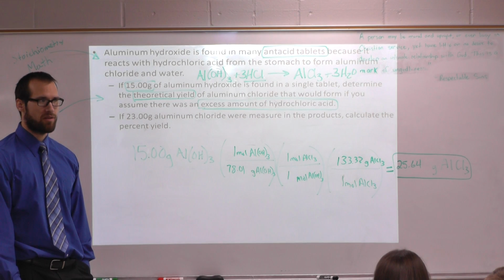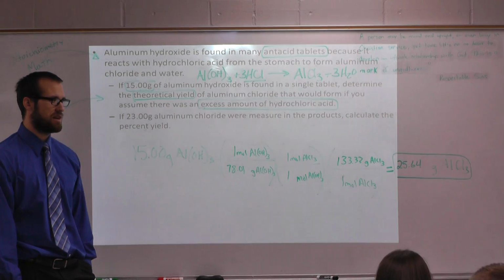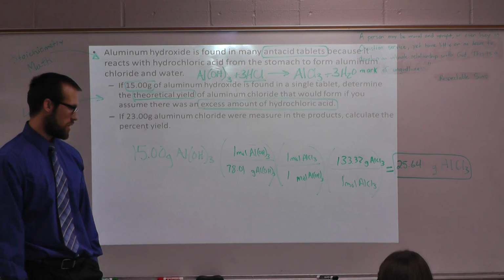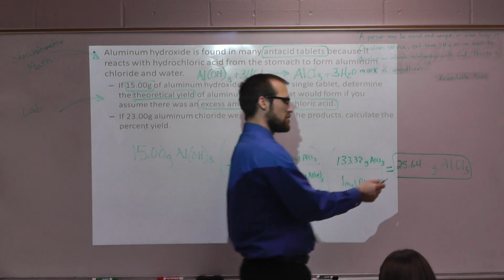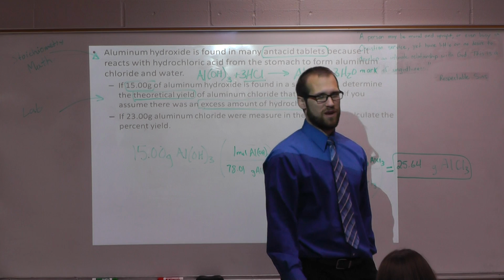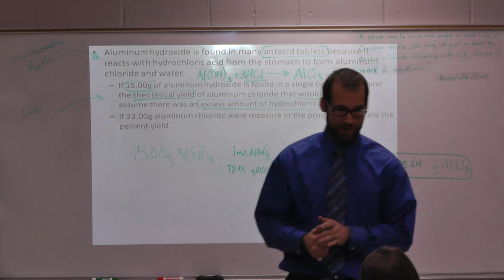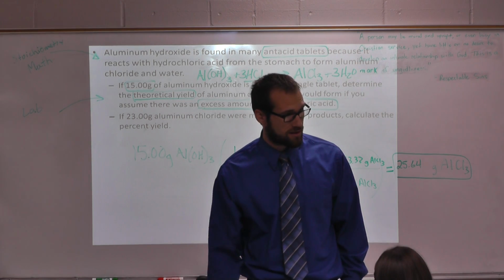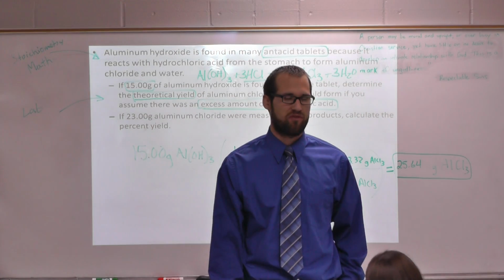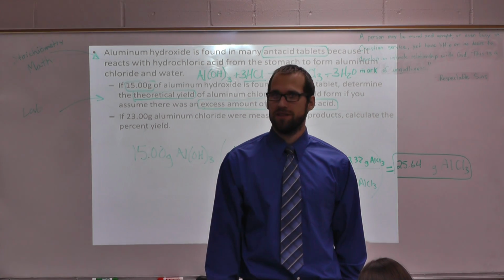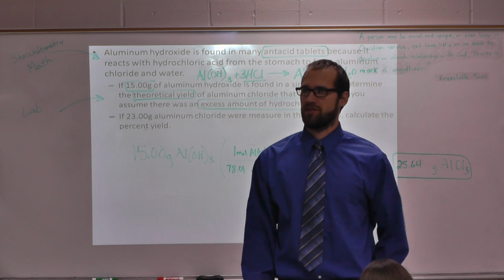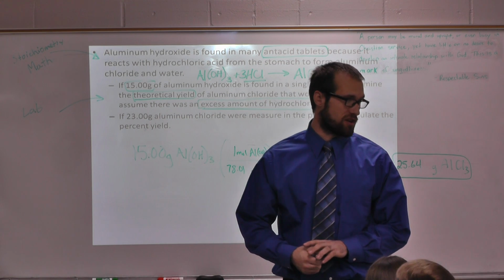Okay, the theoretical yield is our mathematical number that, if everything goes well, if I dissolve and react this, is how much product will be produced. That's assuming that there are no errors in the experiment, which in reality never happens. So you would think that the percent yield would always be less than 100, correct?